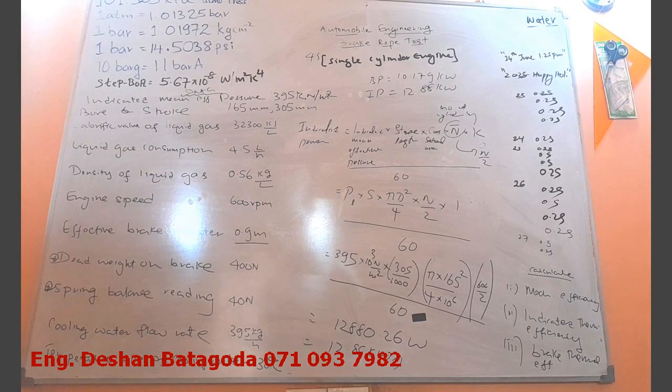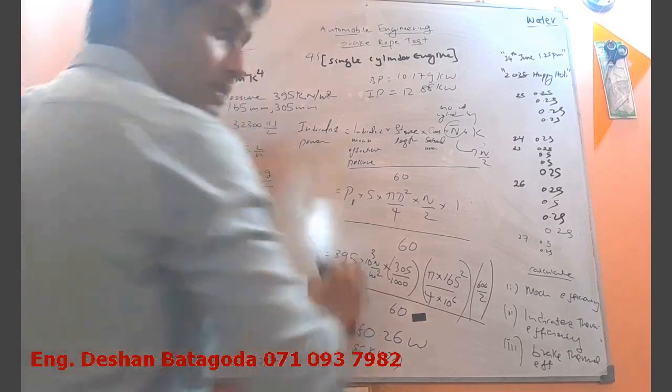Brake power known, indicated power known. Now we can very easily find the mechanical efficiency. Now I will erase this.